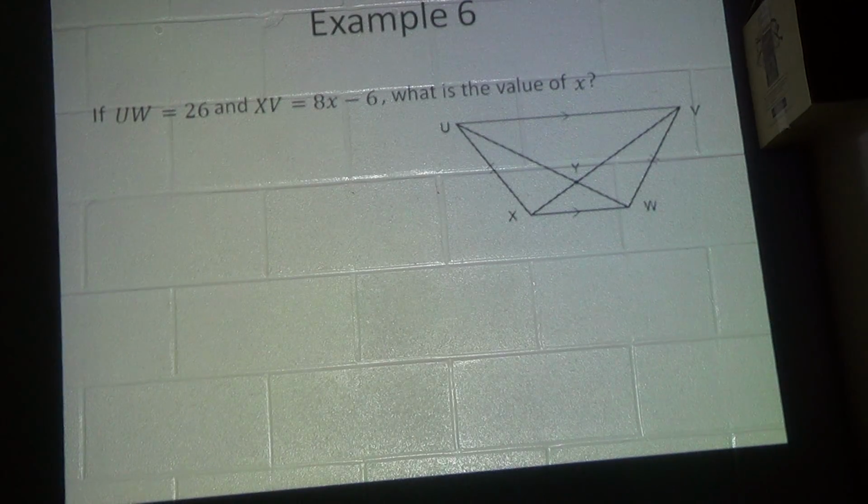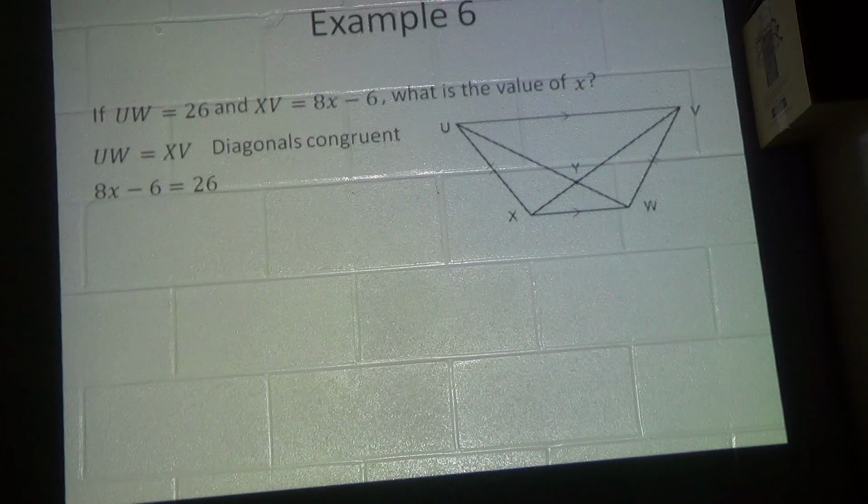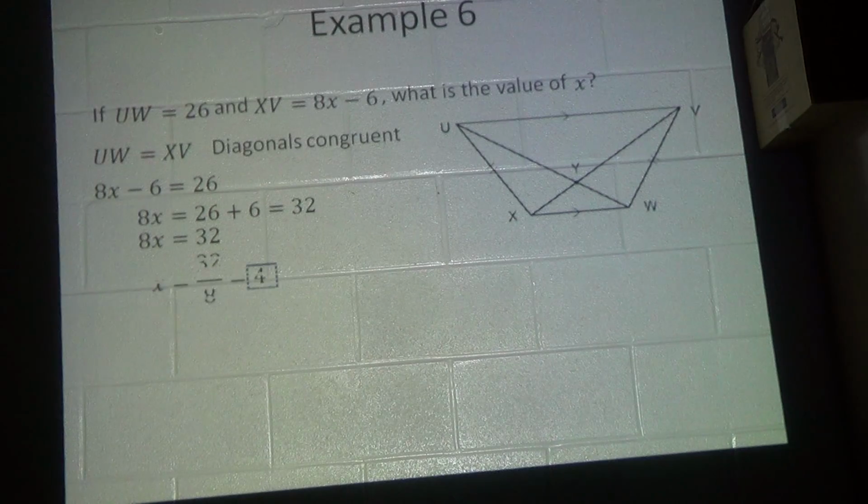So this simply means that 8x minus 6 is equal to 26, because the diagonals are congruent. So we substitute in: 8x minus 6 equals 26. Add the 6 to both sides, gives us 8x is equal to 32. Divide both sides by 8 and we get that x is equal to 4.